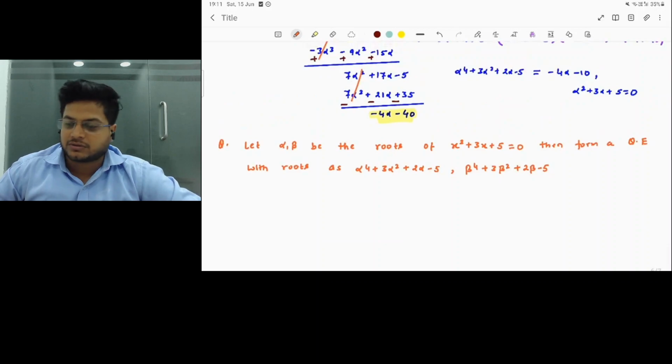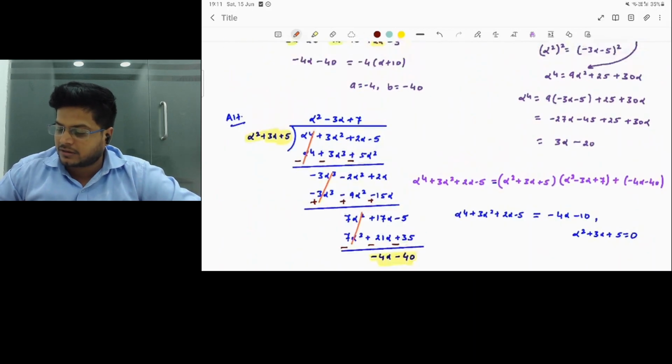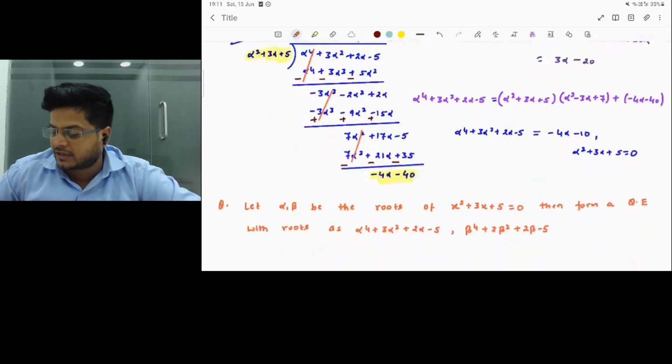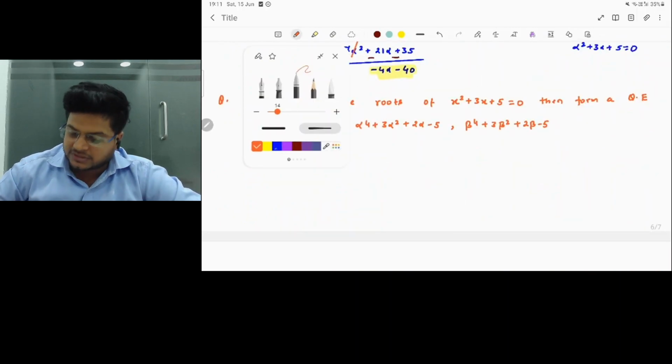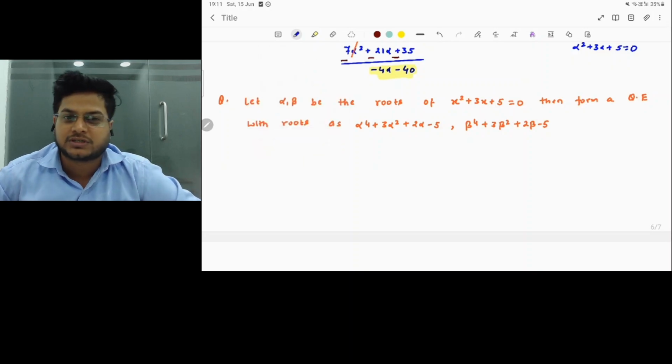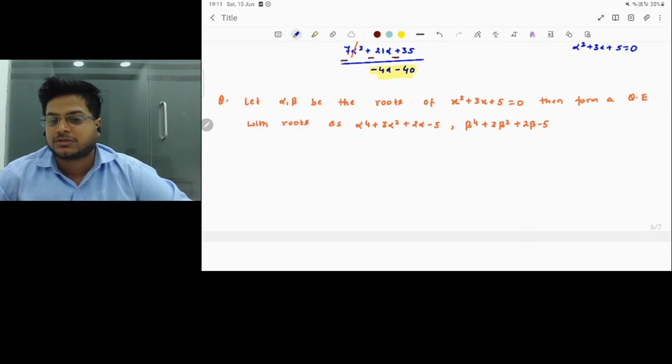Smartly, related to the previous question only, I have taken the equation as well as the roots, isn't it? So we can use the previous information. If it is a new question, you have to repeat the entire process of the previous question.